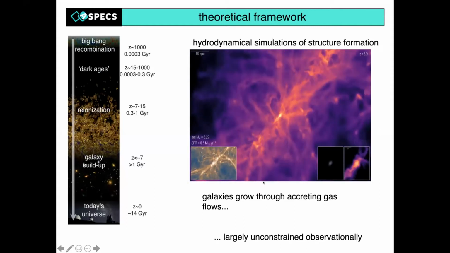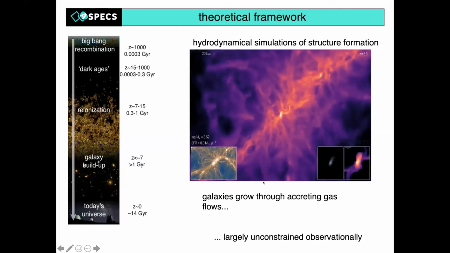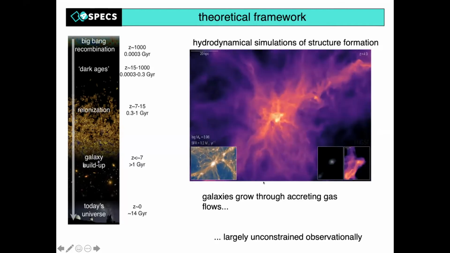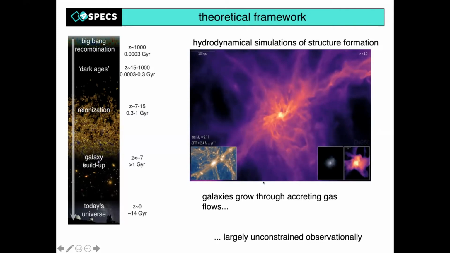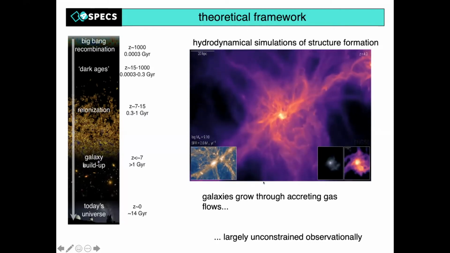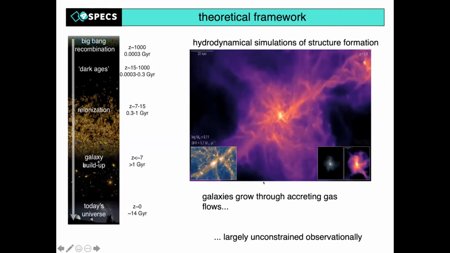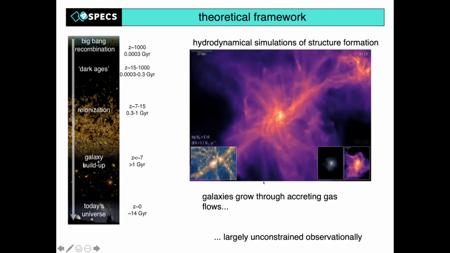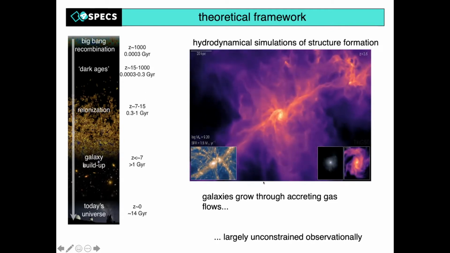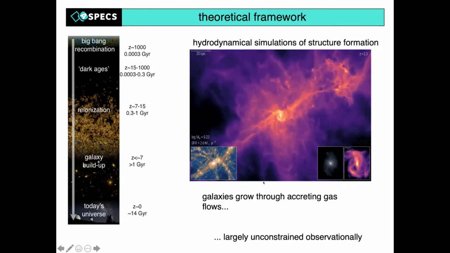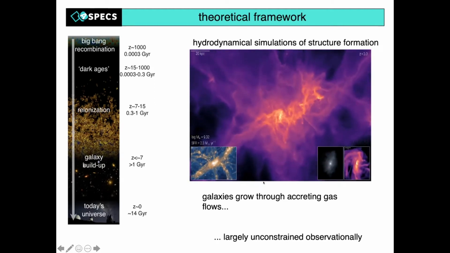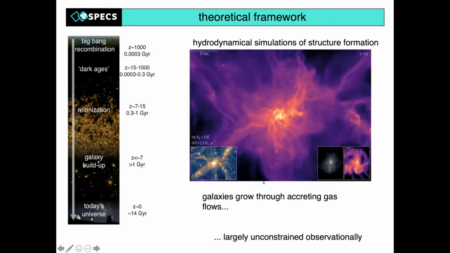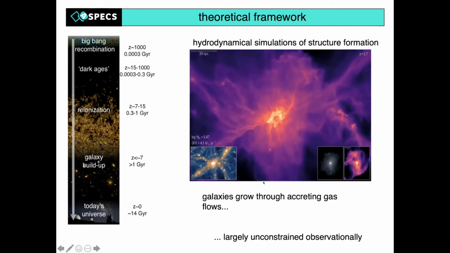One of the main important questions in galaxy evolution and formation is to understand how the galaxies evolve through cosmic time, not only from an observational perspective, but also through a theoretical perspective. In this simulation, you can see that galaxies grow through accreting gas from flows or inflows of gas from the intergalactic medium.